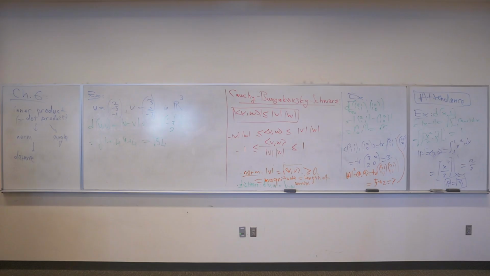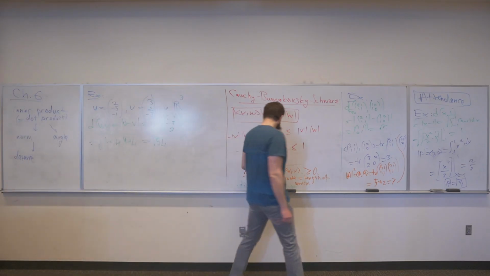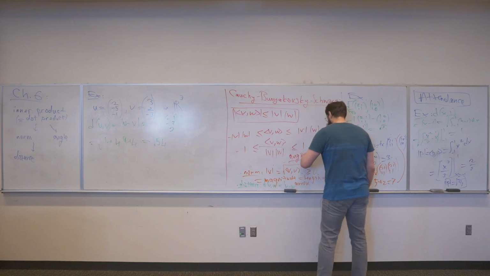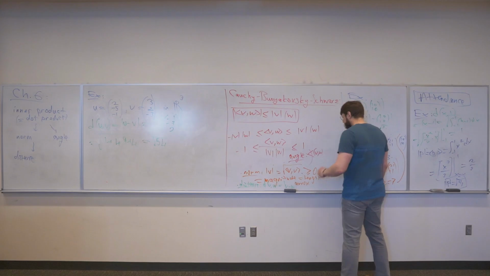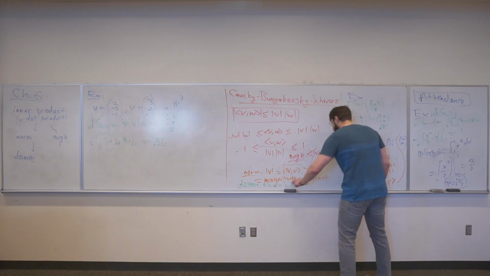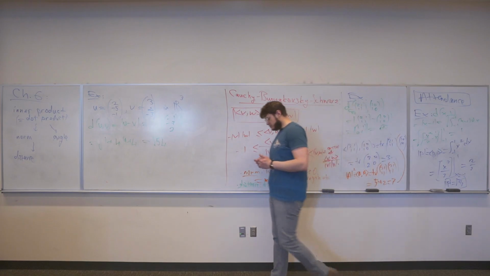I can define the arc cosine of whatever this number is as the angle between v and w. The angle between v and w is arc cos of v against w divided by the v norm times the w norm. That's the angle.